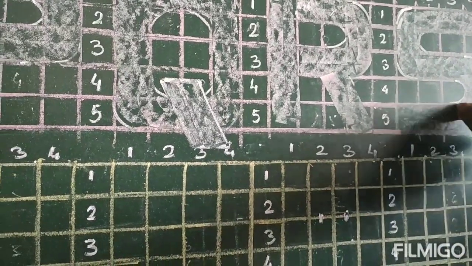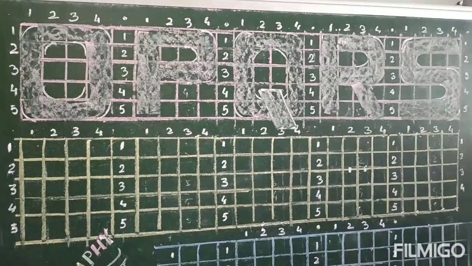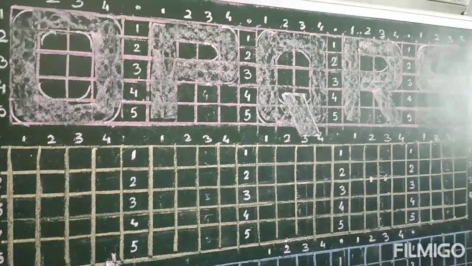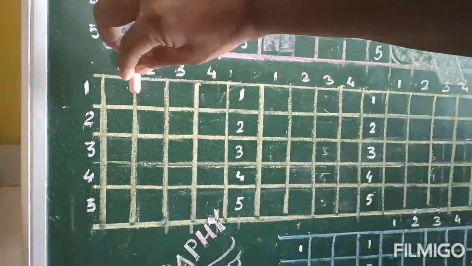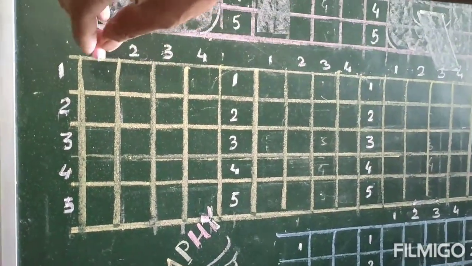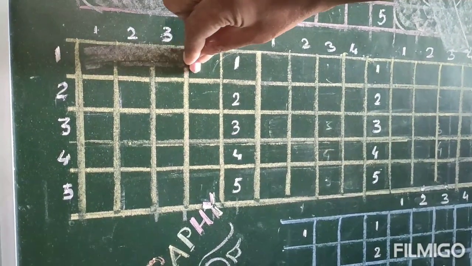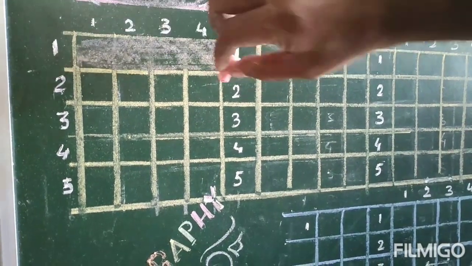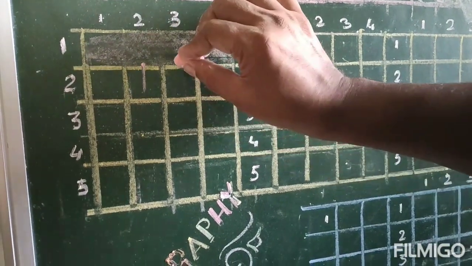Next is T. T is also very easy. So to write T, we'll take the horizontal boxes of the top 4 boxes, and we'll find in between 2 and 3, the middle one, right?